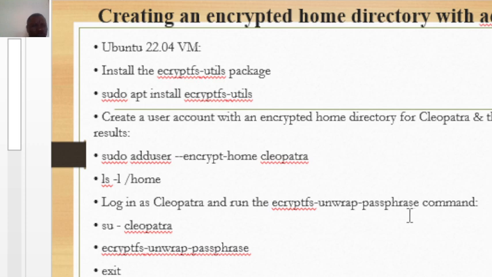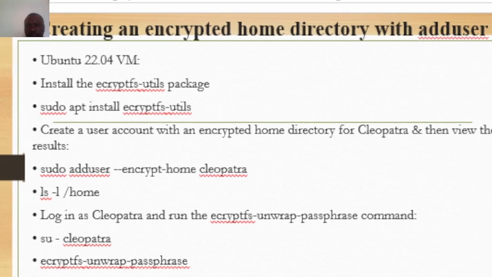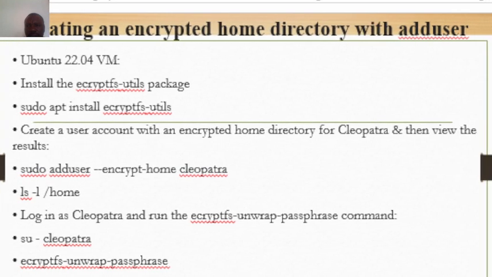You move to this one, which is creating an encrypted home directory with adduser. That's the command to use. I already said I was supposed to use either the Ubuntu or Linux machine to do this, but the system is misbehaving and I was unable to do that. That's why I have to use a PowerPoint to present this.